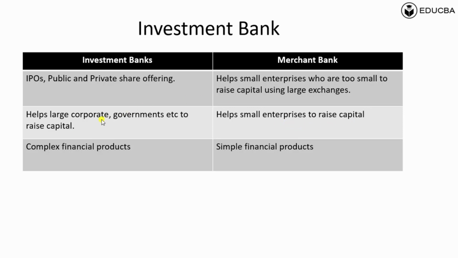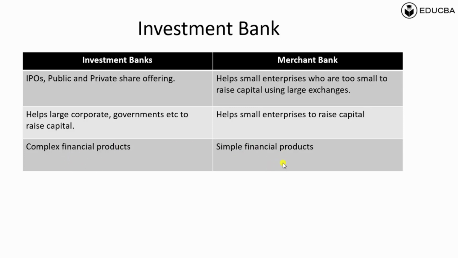Okay. Then with regards to the product part, we know that these investment banks deal in the most complex products which are available in the entire gamut. These different financial products include derivatives, OTC, equities, exchange traded instruments, money market instruments, repos, and so forth.